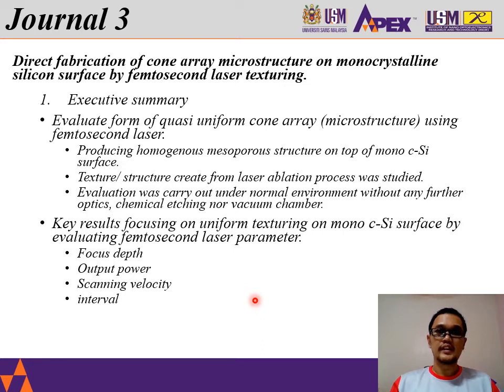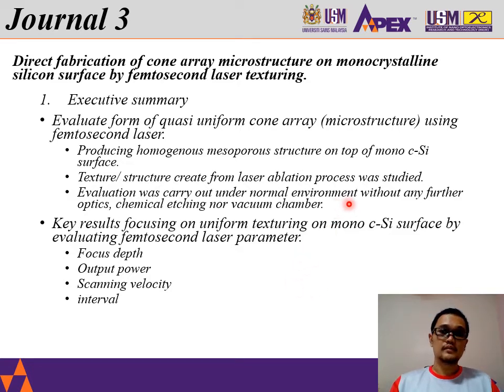The texture or structure created from this laser ablation or laser exposure process was studied. Evaluation was carried out under a normal environment without any external influence, or any further optics, chemical etching, nor even a vacuum chamber.